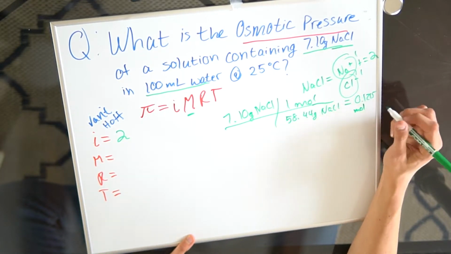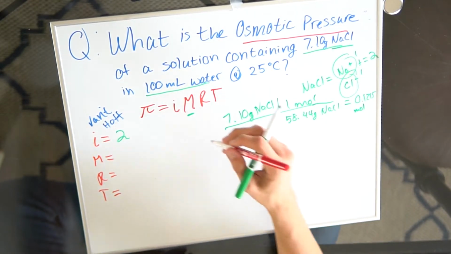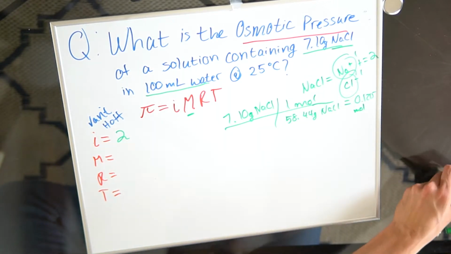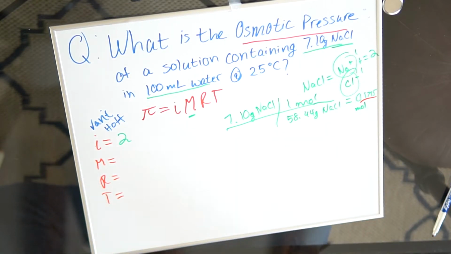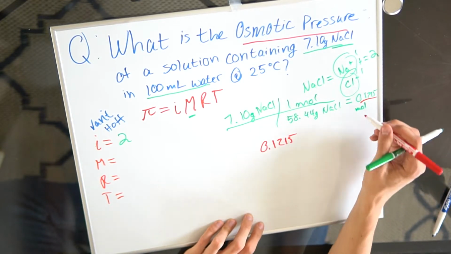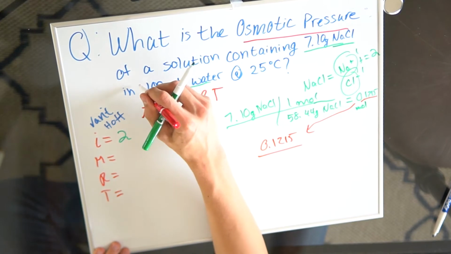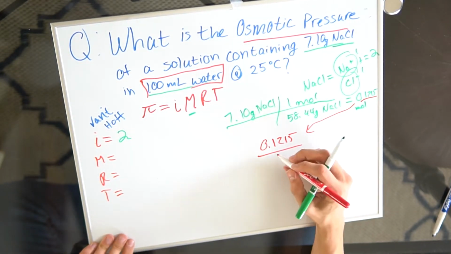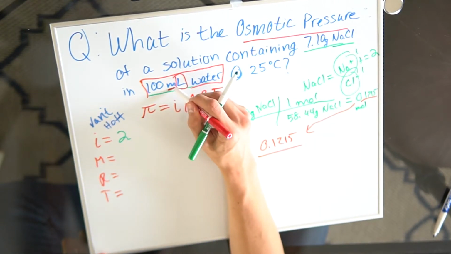moles. Alrighty, and so now that we have that, we'll notice that this is in moles, but we need our molarity. So the way to figure that out is just to take this number right here and divide it by the amount of liters of solution. So we have 0.1215 from over here divided by our solution. And you gotta be careful here because this bottom value for molarity is going to be in liters, not milliliters.